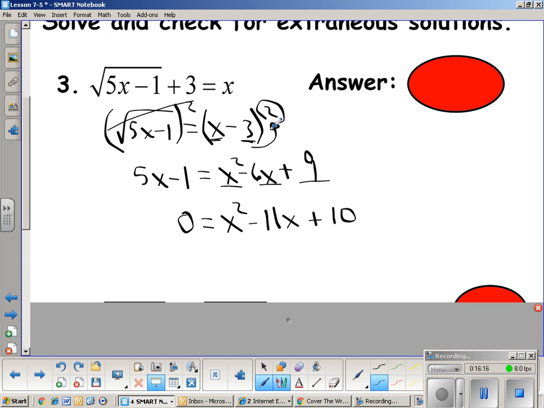The shortcut to FOILing, when you're squaring a binomial, you square the first term, you square the second term, but to get the middle term, it's the first times the second times 2. Okay? What we're saying is O and I in FOIL are going to give me two numbers that are the same. In this case, they're both negative 3x. So negative 3x and negative 3x is negative 6x.